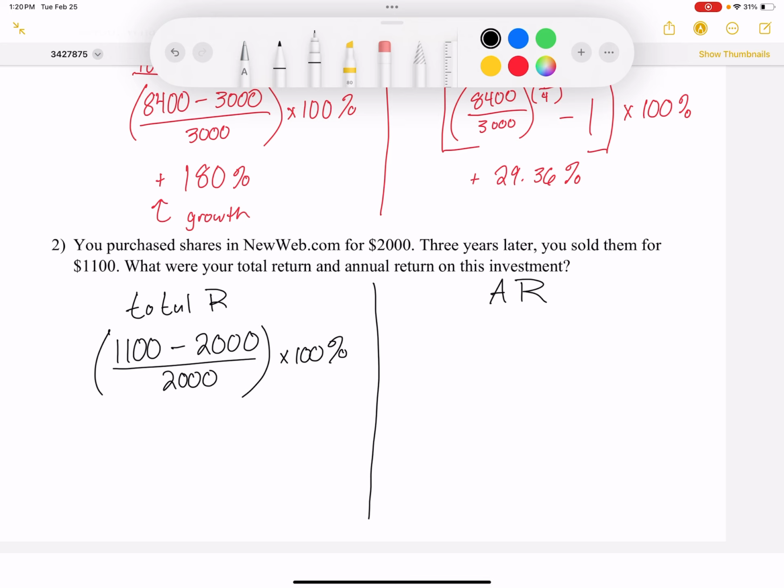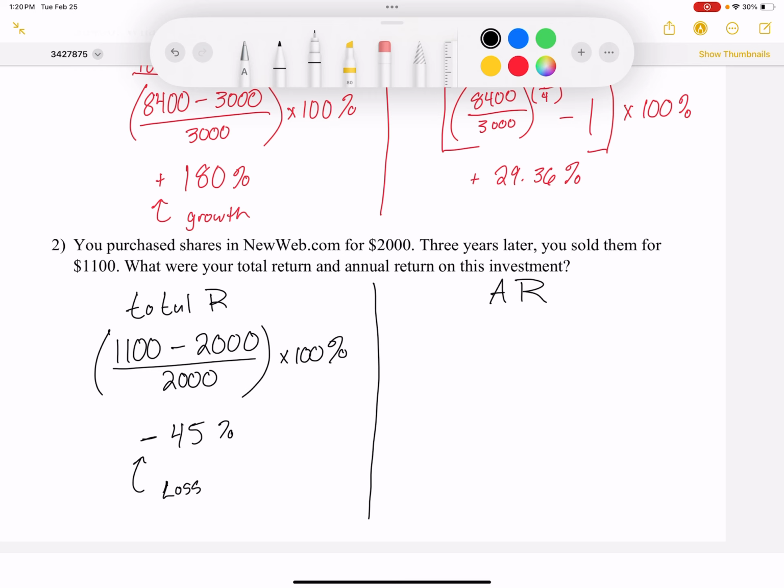So 1,100 subtract 2,000, negative 900, divided by 2,000, times 100 gives me negative 45%. So this is a loss. Negative 45%. It's not growth. I'll just say loss because we're talking about money.